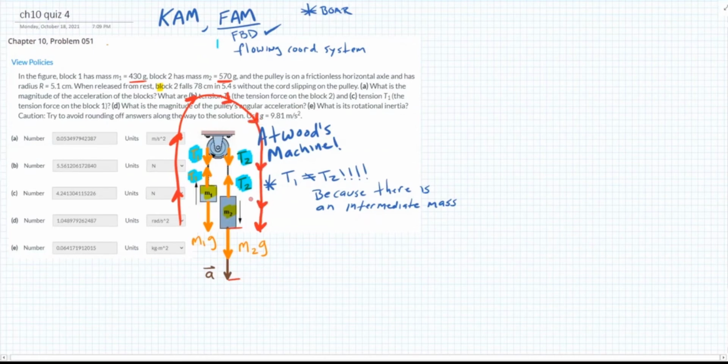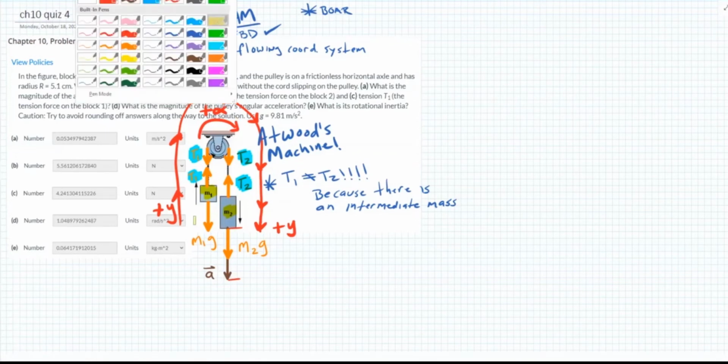I actually have 3 objects, and all of these objects are flowing in unison. They are flowing together. So that's why I'm going to call this plus y. I'm going to call this plus y. And then here's something new. I'm going to call this plus alpha. Okay. So that's my coordinate systems.